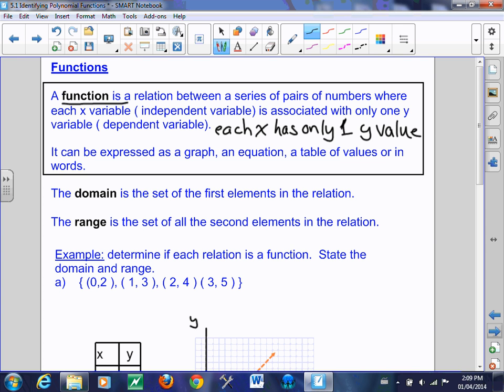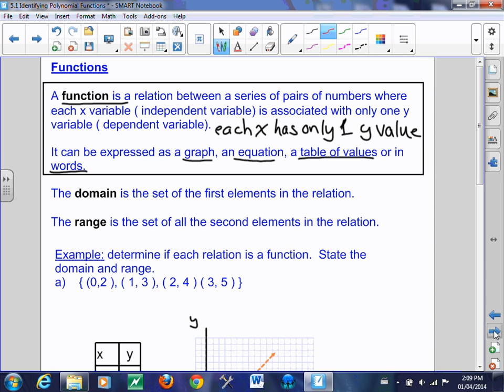Remember that a function can be expressed in many ways: a graph, an equation, a table of values, or even in words like a word problem. You know, Johnny makes $5 per hour plus a $5 bonus. We could write that in an equation and test to see if it's a function or not.